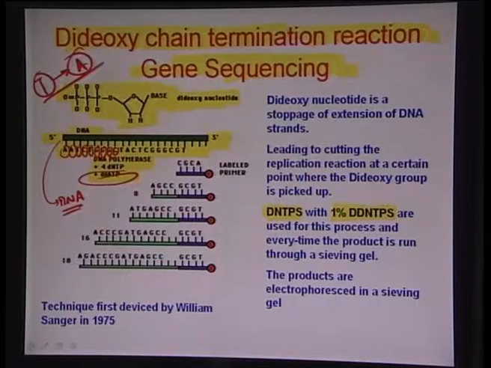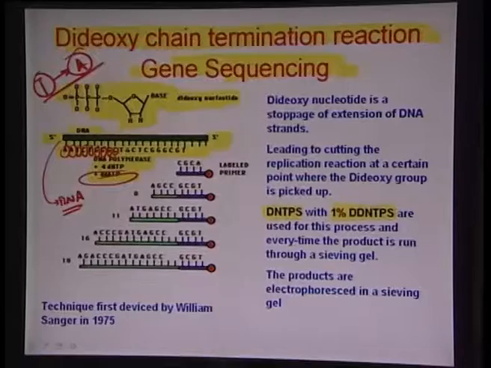So, whenever there is a thymine molecule somewhere placed in the chain, that may be a point of cleavage as and when the dideoxy group binds on the particular A.